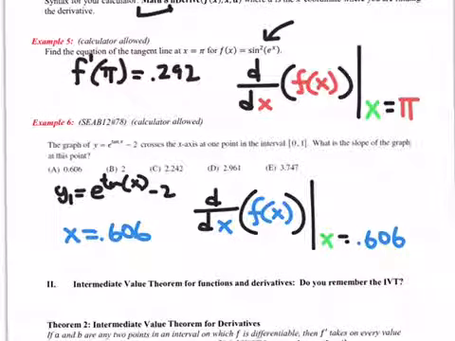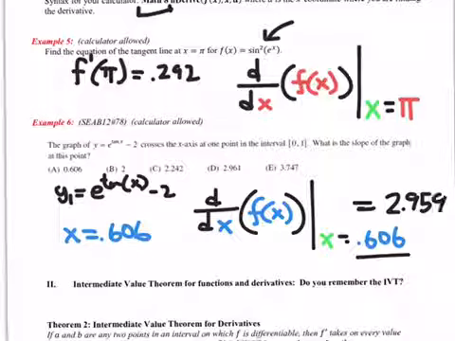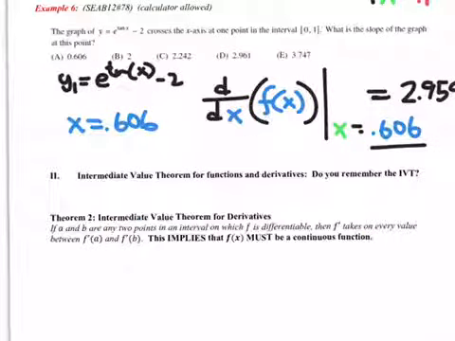And then we're going to get out an answer which will give us the slope of the tangent line at that point for x equal to 0.606. With regards to rounding for the AP exams, always go out to 3 decimal places. So that's how I get 0.606. And then from there, I believe I get a slope of 2.959.